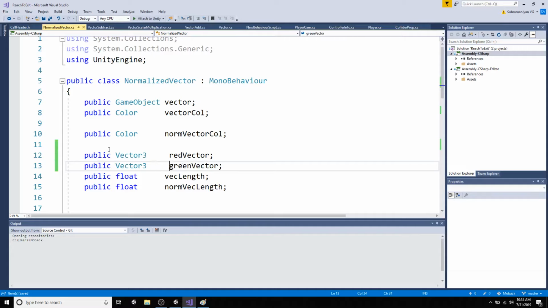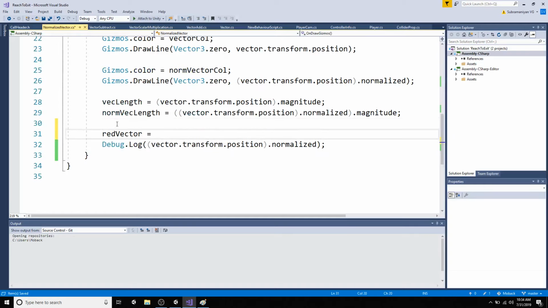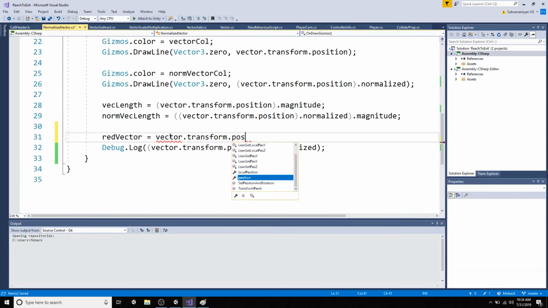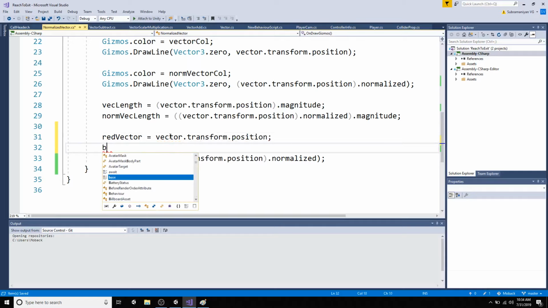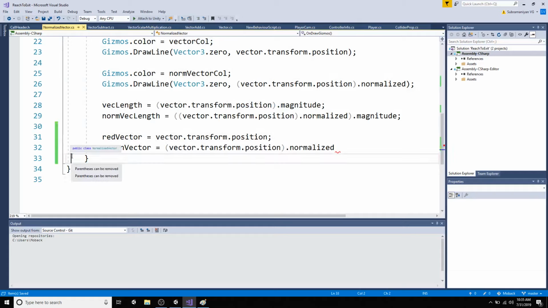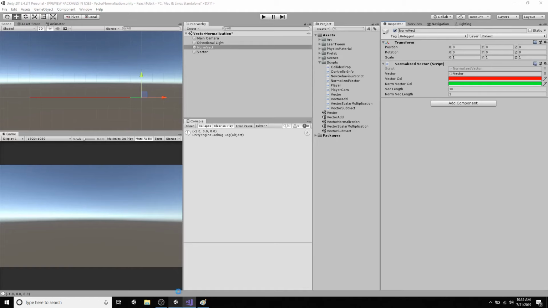I used Vector3, but only the x and y values will be taken into consideration since we are in a 2D game. So the z-axis will be left as 0. You don't have to think of the z-axis. Now let me set red vector equal to vector.transform.position, and green vector, that is the normalized vector, equal to vector.transform.position.normalized. This is a Unity function that does the normalization for us.